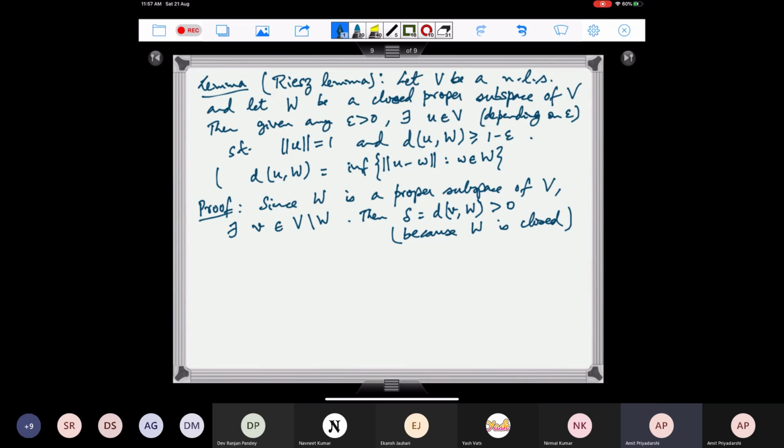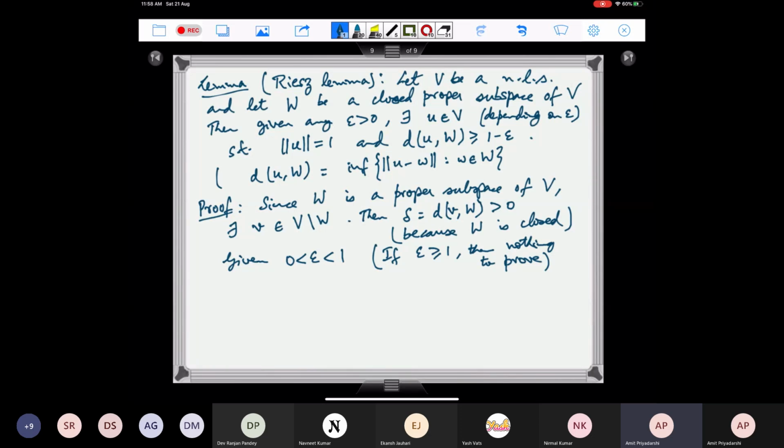Right, because the distance of u to W bigger than or equal to 1 minus epsilon will hold, since the distance of u to W is always bigger than or equal to 0.